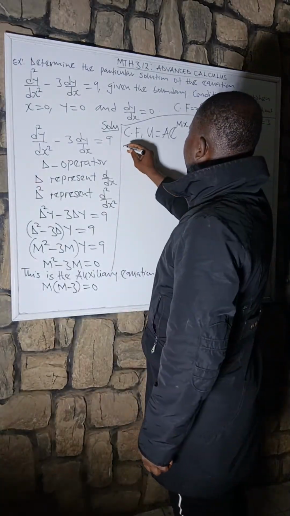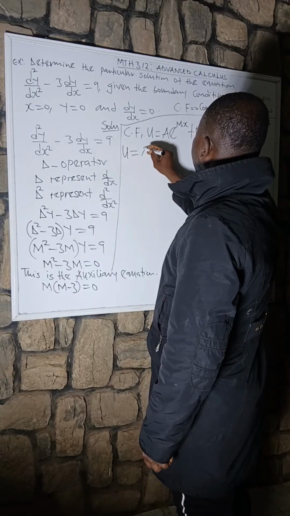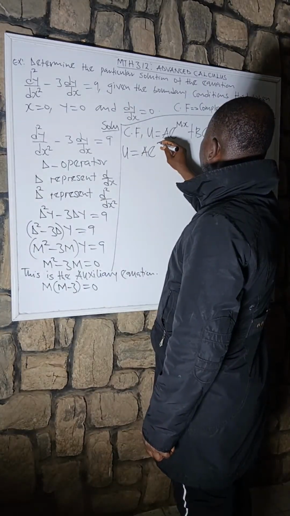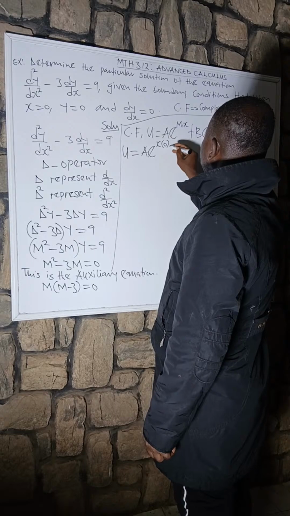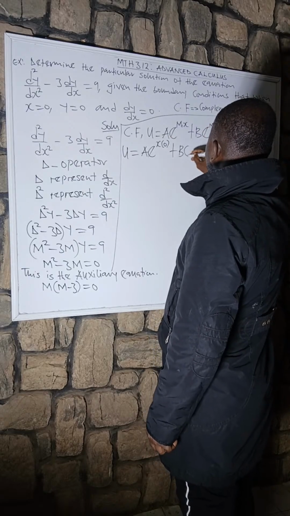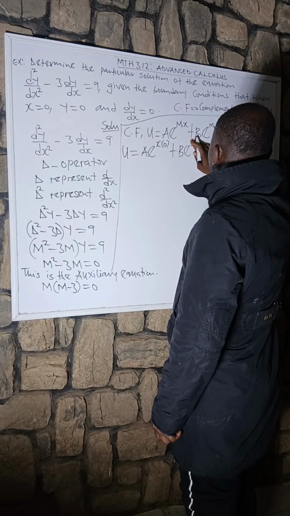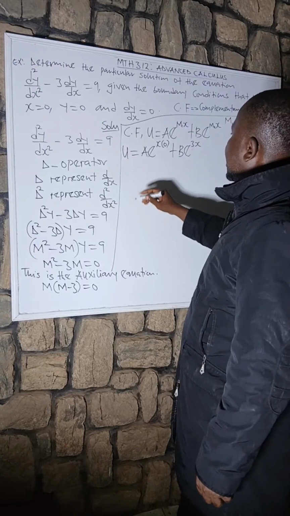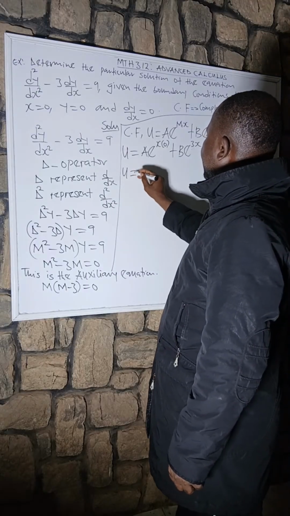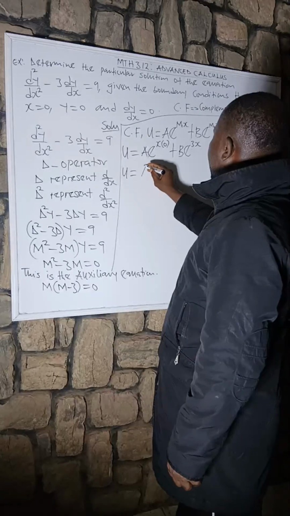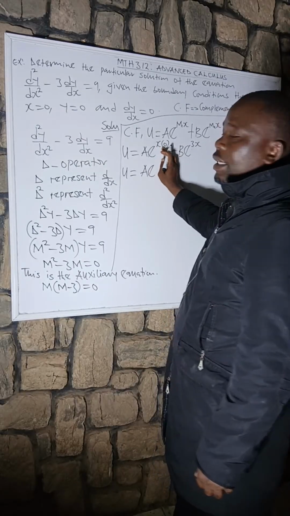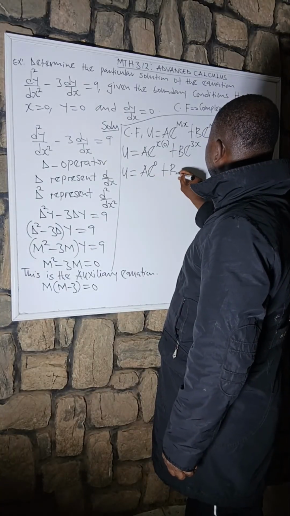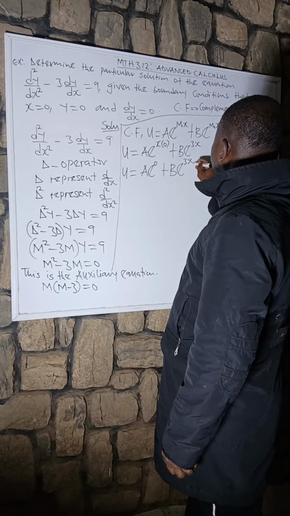So our complementary function will now be a exponential, m1 is 0, so x times 0, plus b exponential, m2 is 3, so 3 times x. So you can now see that our complementary function will be a exponential x times 0, which gives us 0, plus b exponential 3x.